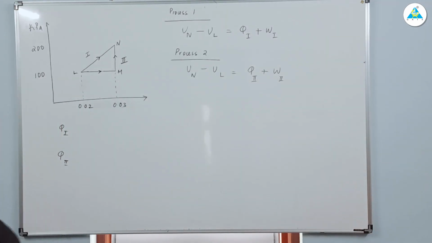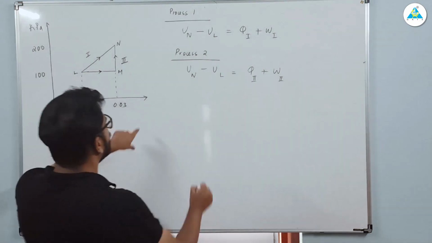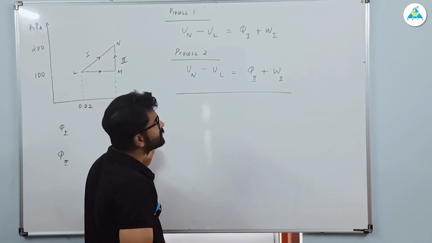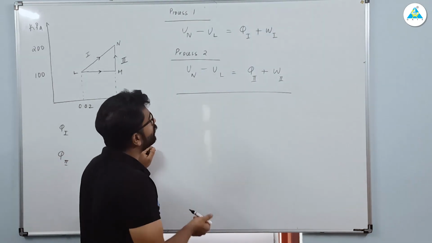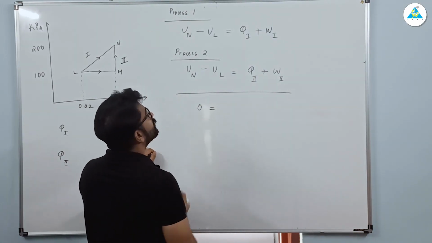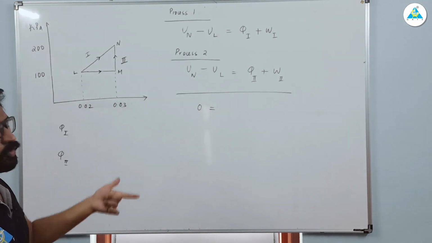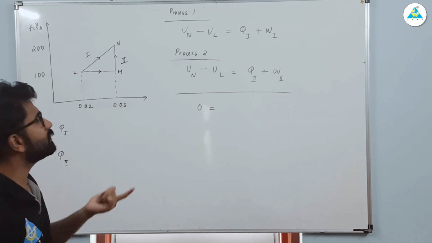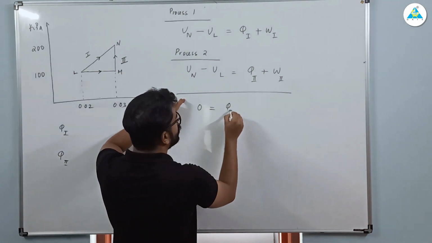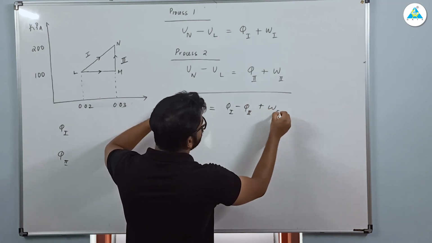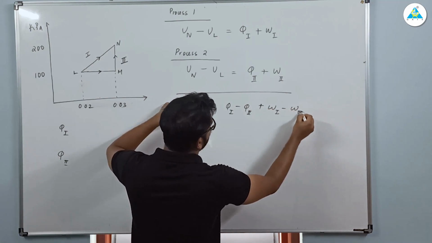So what we need to calculate? We need to calculate Q1 minus Q2, right? So do it. Take equation 1 minus equation 2. You will get 0 equals UN minus UL minus UN minus UL, both are cancelled out. So this one minus this one, you will have Q1 minus Q2 plus W1 minus W2.